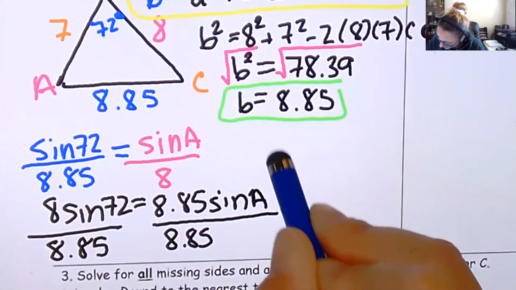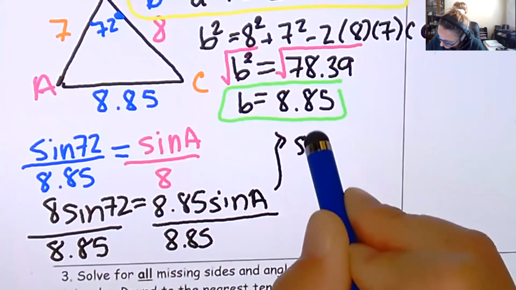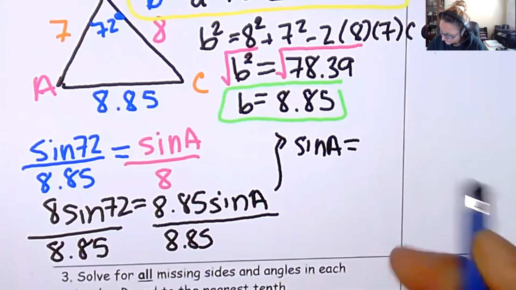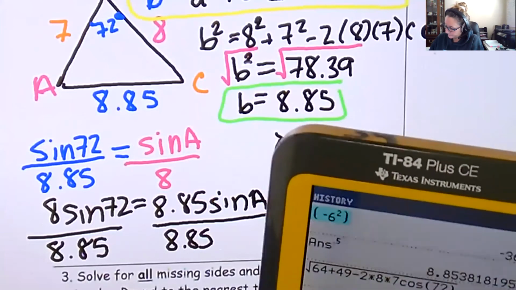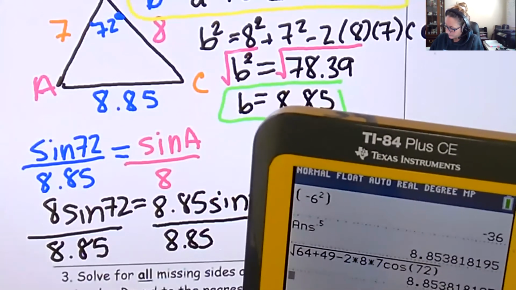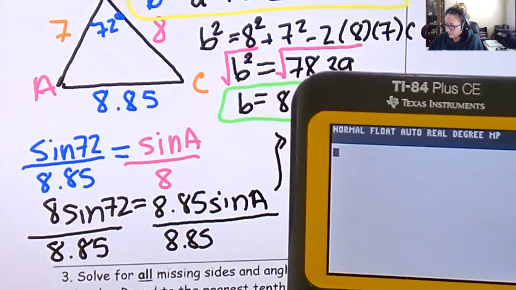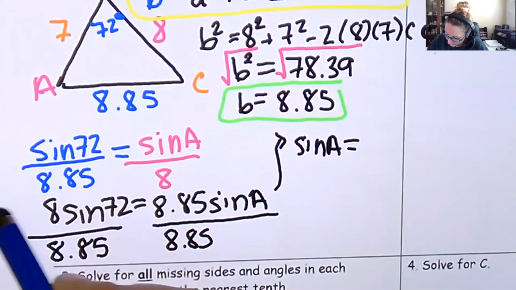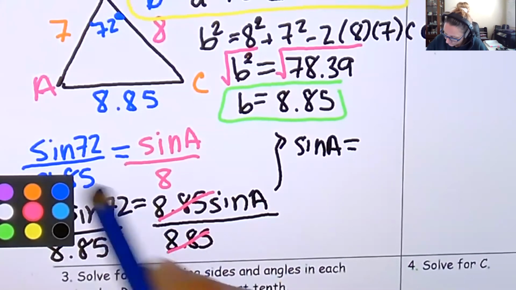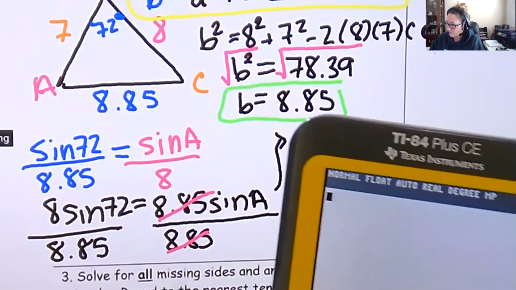So here, I'm going to do this. Sine A equals. When I'm doing this in my calculator, these are gone now because those are going to cancel out. So I'm putting that in my calculator.